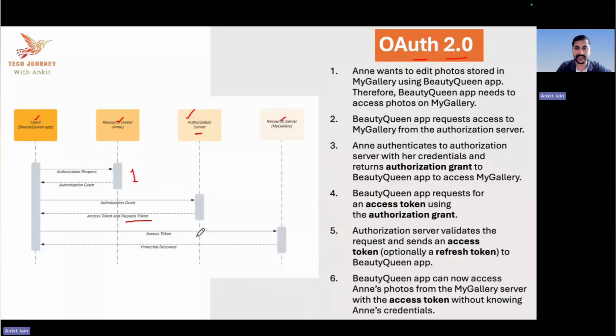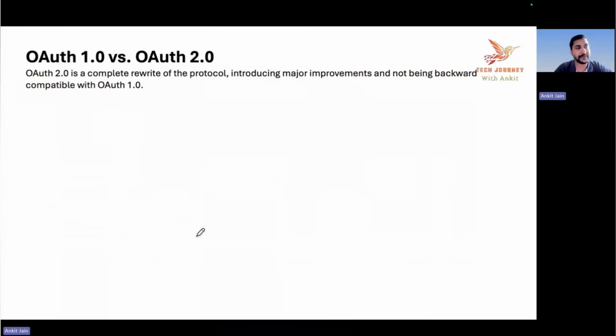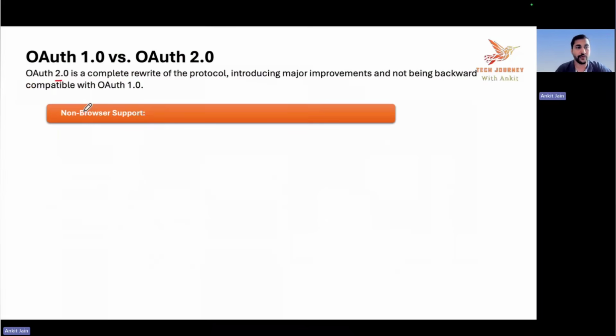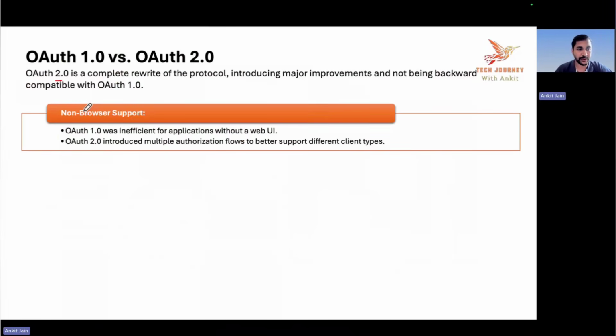Now let's try to understand, at a very high level, the difference between OAuth 2.0 and OAuth 1.0. At a higher level, OAuth 2.0 is a complete rewrite of the protocol. There have been major improvements related to compatibility as well. The first difference is non-browser support.